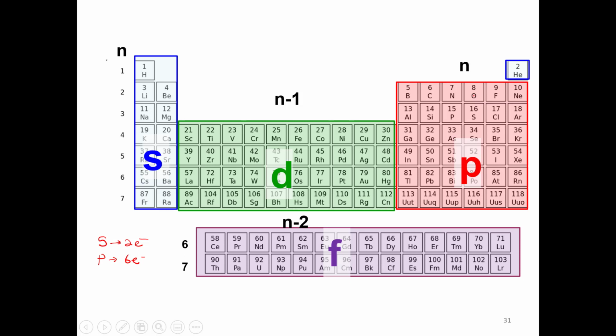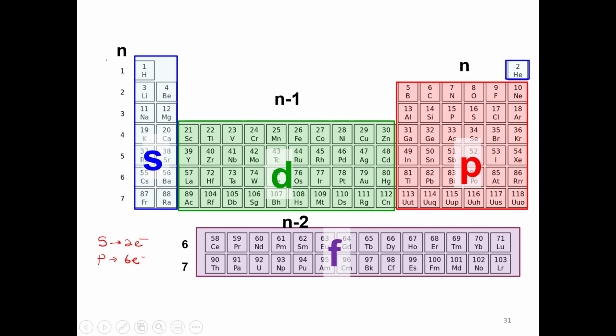Then it will be 2P4. We will do more examples of this one, but I just want to give some idea. Remember the maximum electrons the P subshell can hold is 6. This is why here we have just 6 columns in this group.